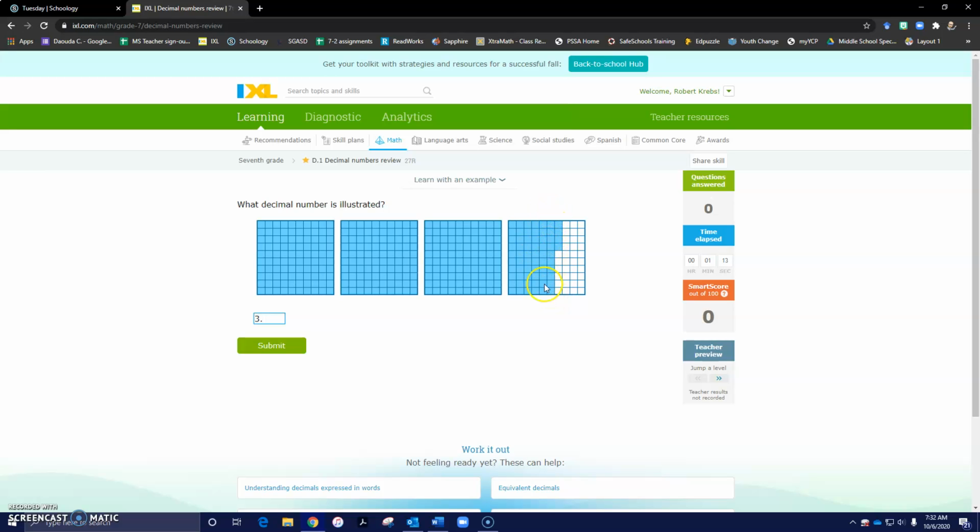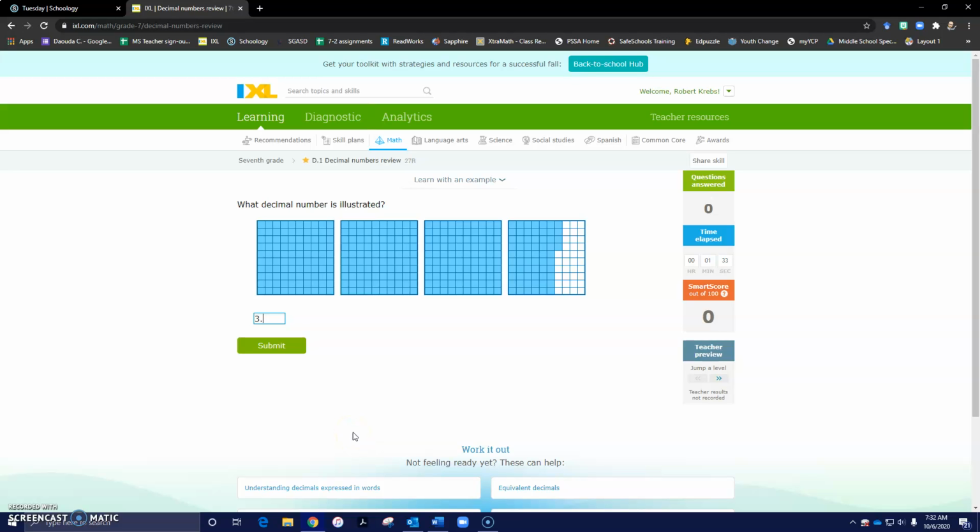So that's really 60. If I'm counting by tens, I have 10, 20, 30, 40, 50, 60. And then in this final row that's partway filled, I have 1, 2, 3, 4. So there's a grand total of 64 squares filled in. But it's 64 out of 100.